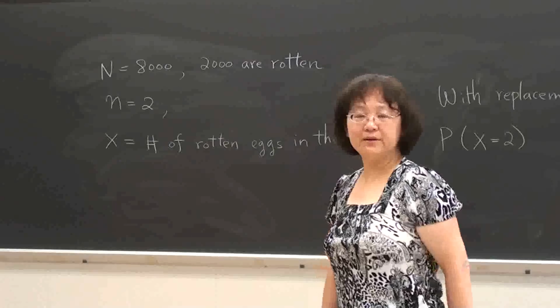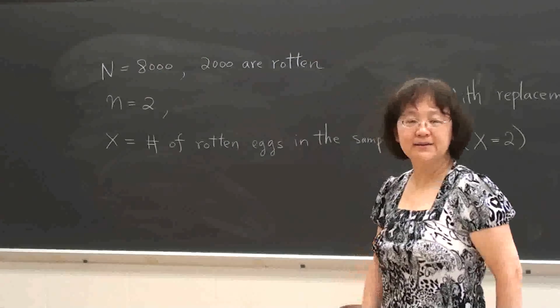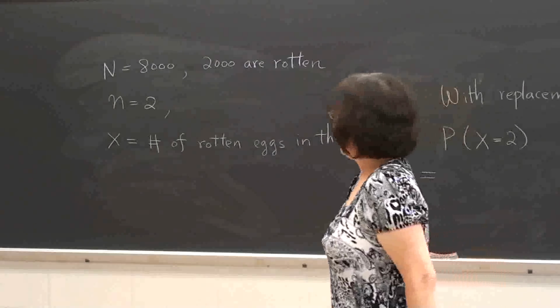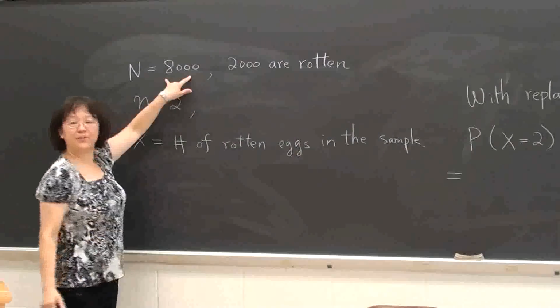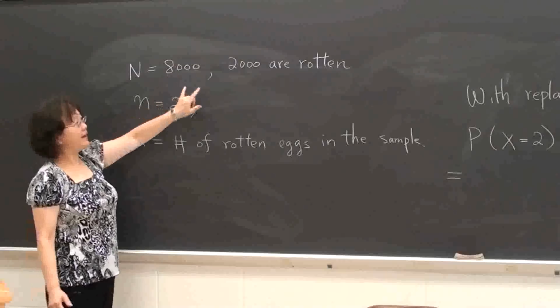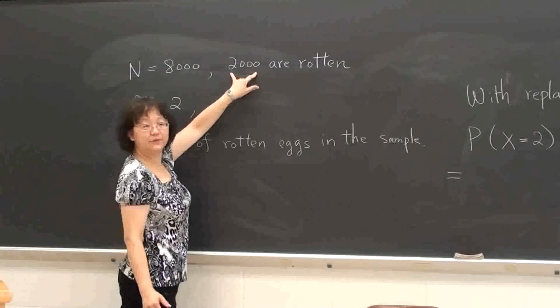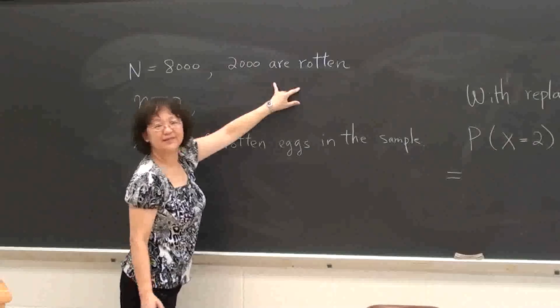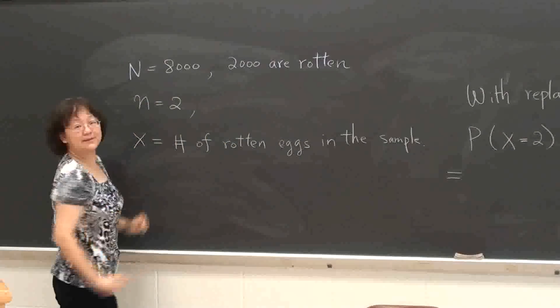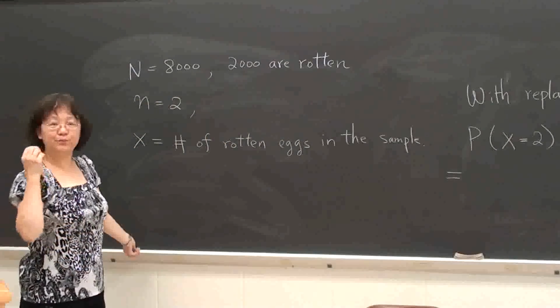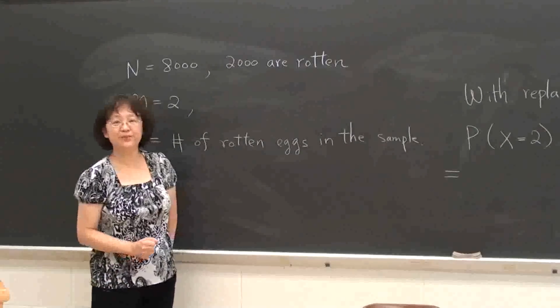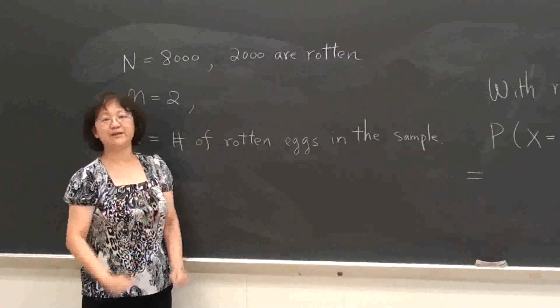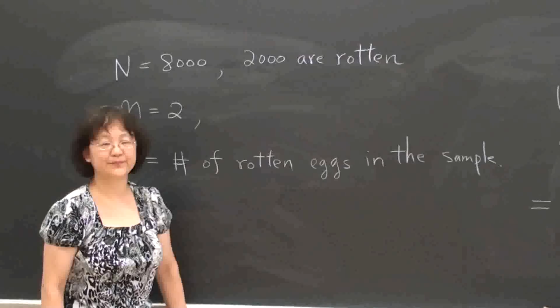Today we are going to look at another scenario. We have 8,000 eggs from a farm, and 2,000 of those are rotten. From these 8,000 eggs, we are going to pick 2 out, and we want to compute the probability that both eggs picked out are rotten.